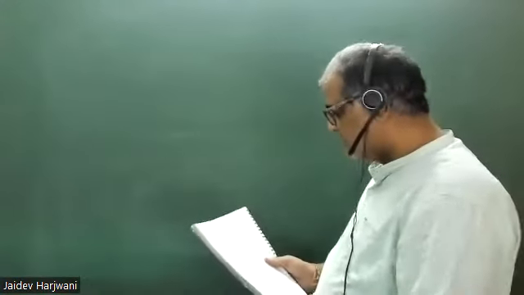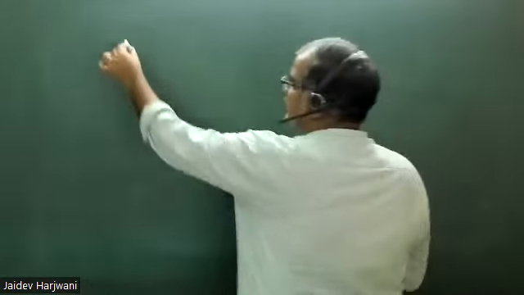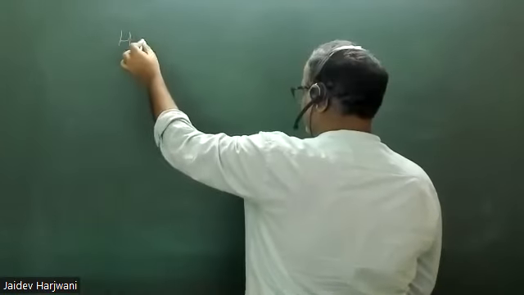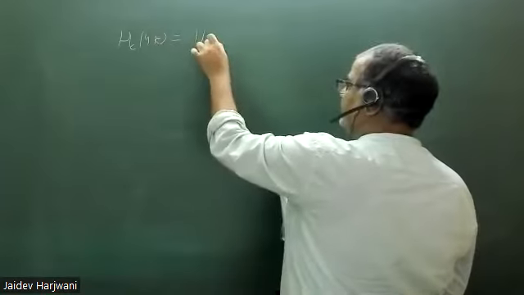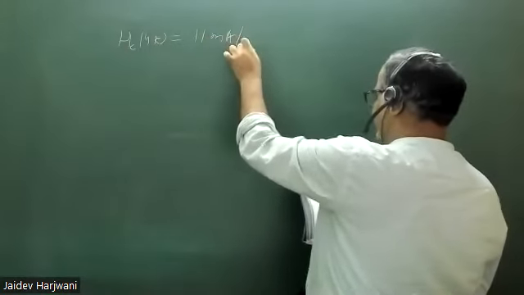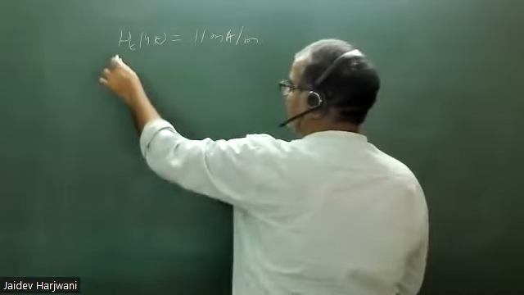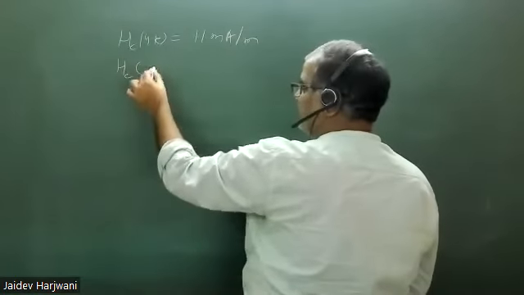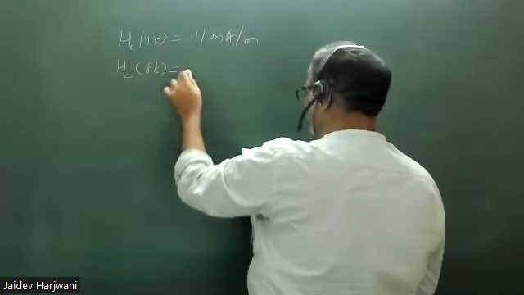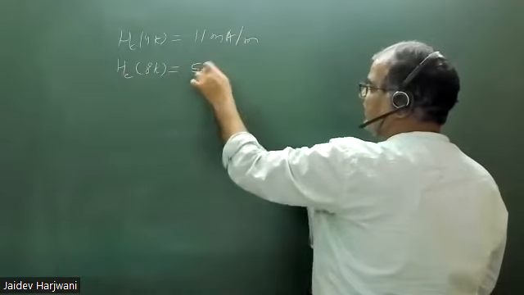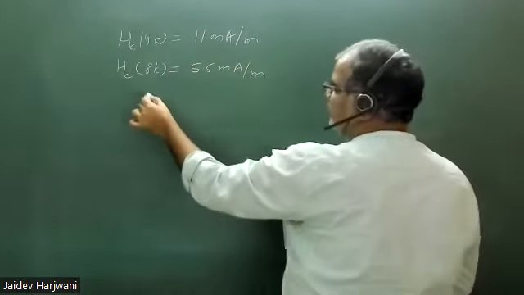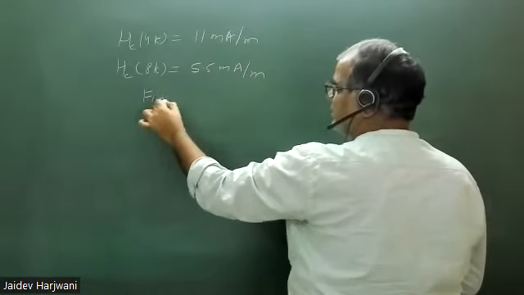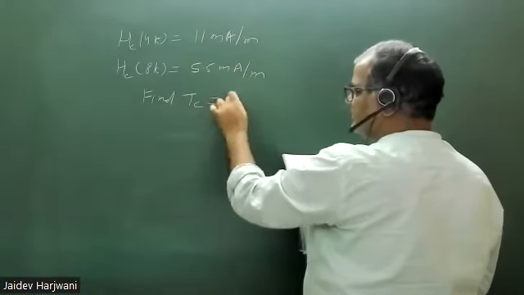Now you have been given critical magnetic field Hc at 4 Kelvin is equal to 11 milliampere per meter. And Hc is also given at 8 Kelvin, that is equal to 5.5 milliampere per meter. He is asking to find Tc.